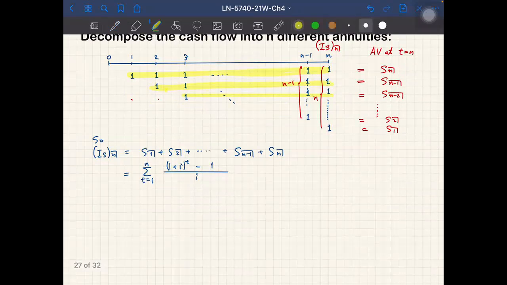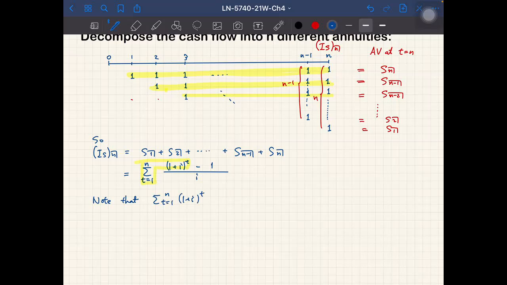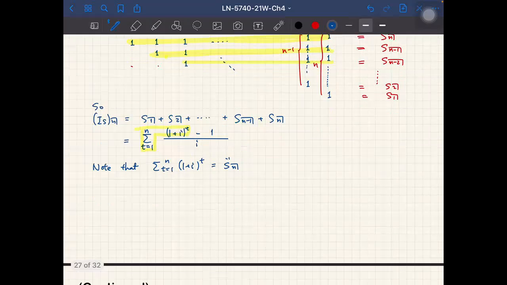So now we think about this term, the summation of (1 plus i) to the t's power. And actually this can be simplified further. Note that this summation, t equal to 1 to n of (1 plus i) to the t's power, is a geometric sequence. And actually this is equal to s double dot angle n.